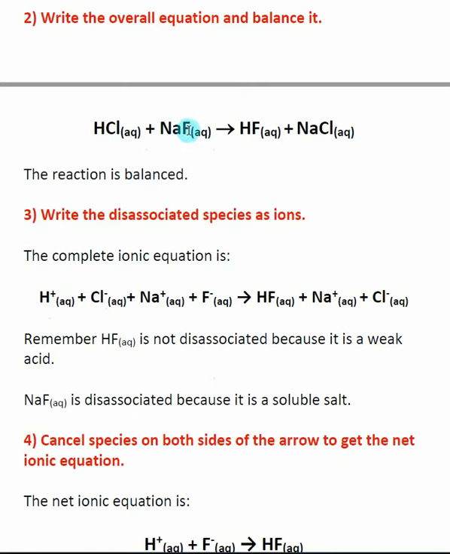F minus is attached to Na plus. Remember, anything attached to a group 1 metal is soluble. So really NaF is a soluble salt, and because of that it is dissociated into Na plus and F minus. It's really F minus that is the weak base that's actually going to be part of the reaction. Na plus, we're going to find out, is a spectator ion.